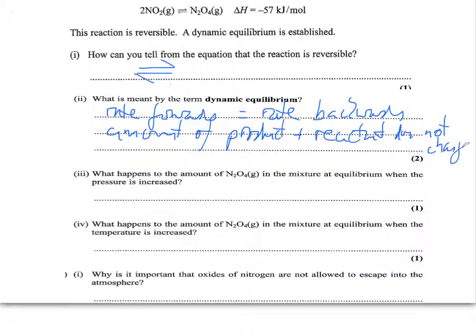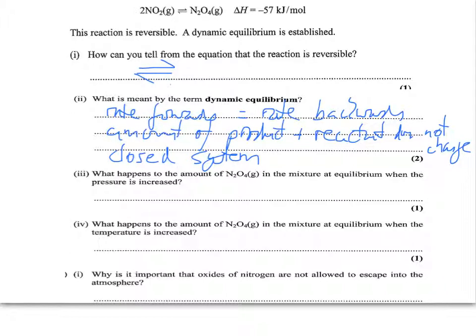They're not equal, but the amounts don't change. And this only happens provided you've got a closed system. So in other words, if you've got the same amount of substance in there to start with, you're not releasing anything, you're not adding anything to it.